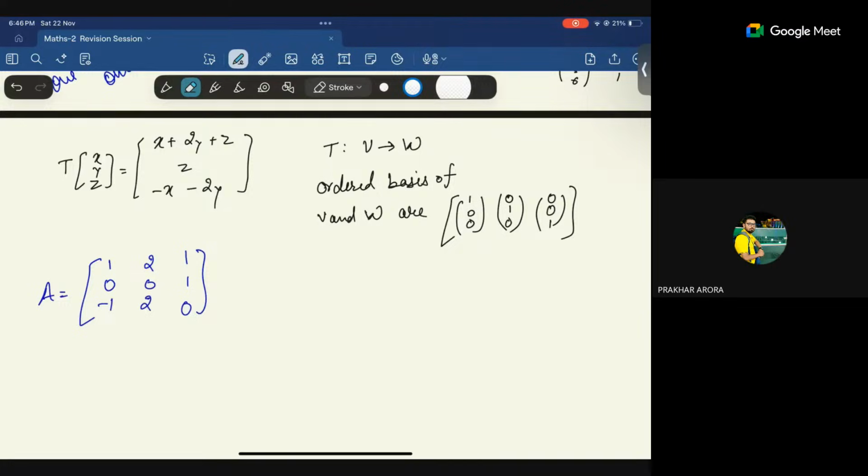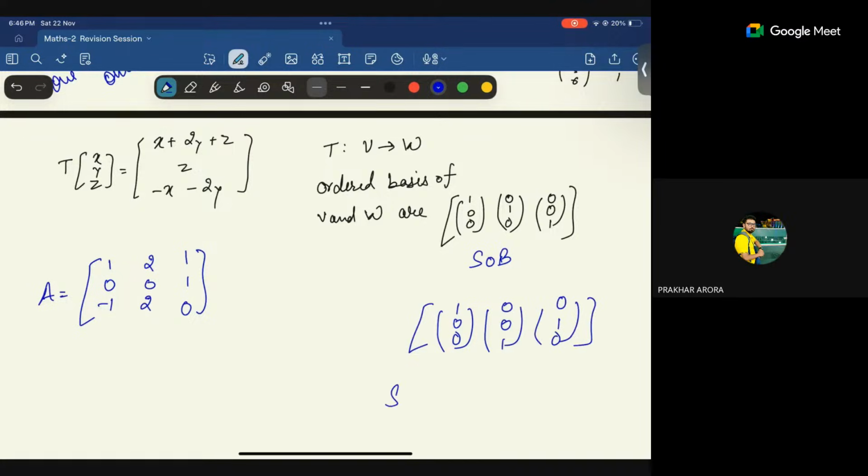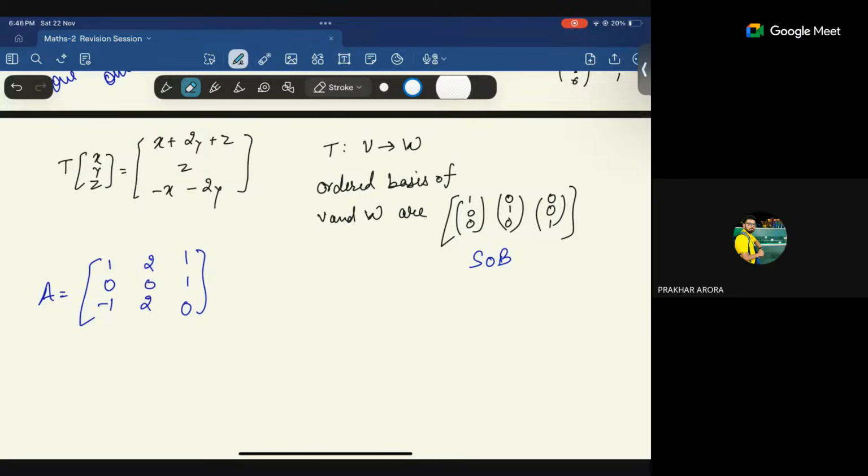It is their wish whether they want to give you the standard ordered basis or something else. Sir, this is a standard ordered basis. If they give you this, these are just standard basis because the order here is changed. So they can give you anything. They are free to do. They may not even give you standard basis.